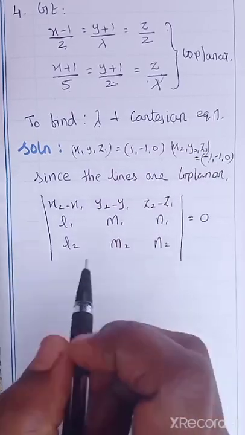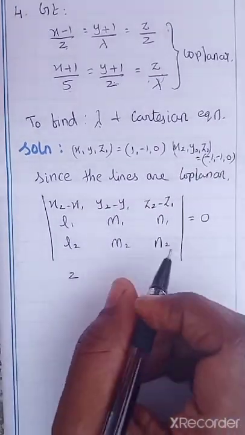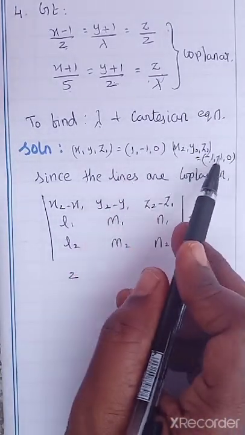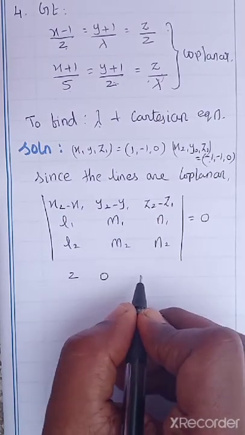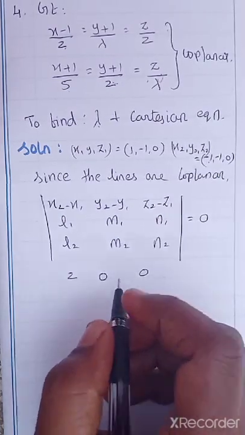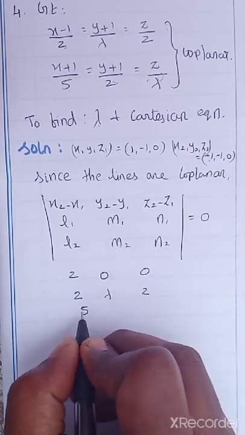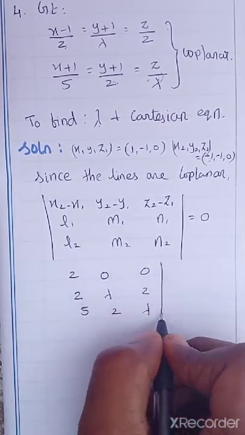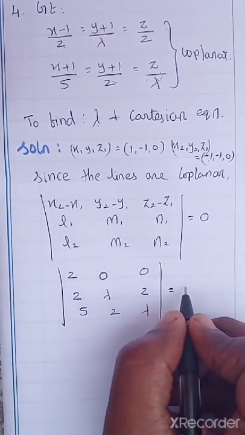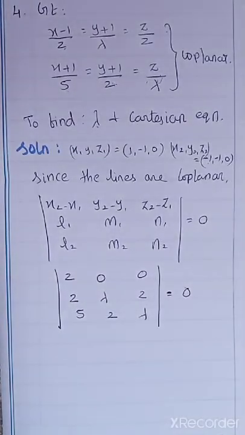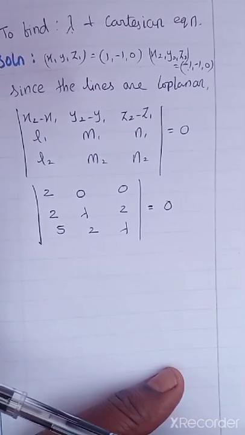Okay, we can take it like this. So it will be 2, 1 minus of minus 0, minus 1 plus 1 is 0. This is also 0. And this will be 2, lambda, 2, 5, 2 lambda, which is equal to 0. Is that okay? Next.